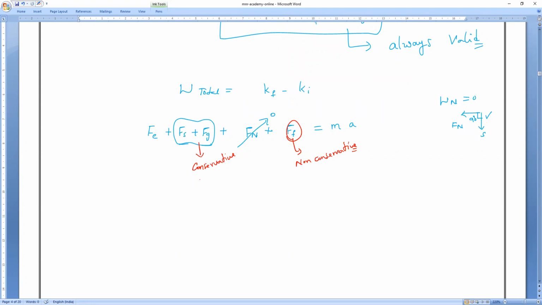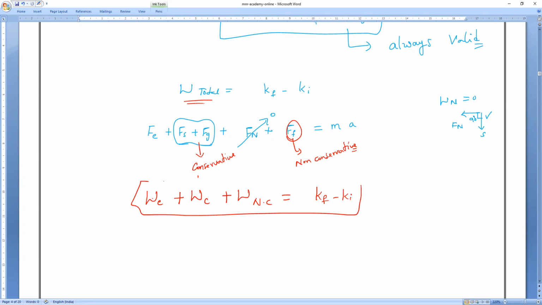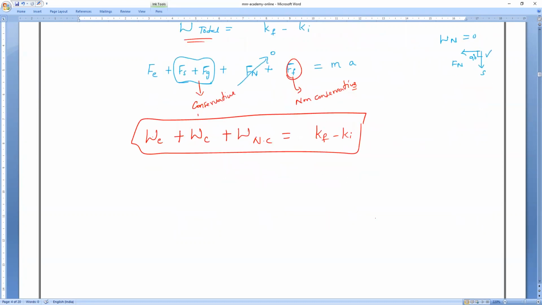Now you can see this together. The total work done is equal to work done by external force plus work done by conservative force plus work done by non-conservative force, which is equal to final kinetic energy minus initial kinetic energy. Any doubt for anybody? You can ask me. Are you clear, everybody? Now, work done by conservative force, we send to this side.